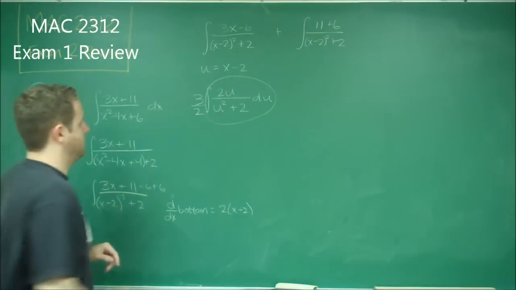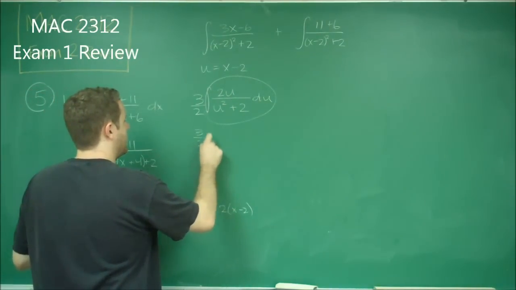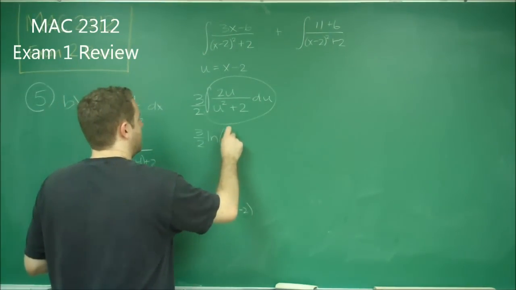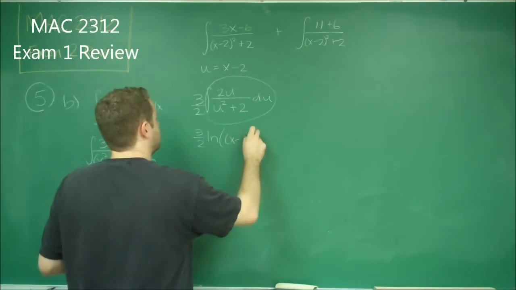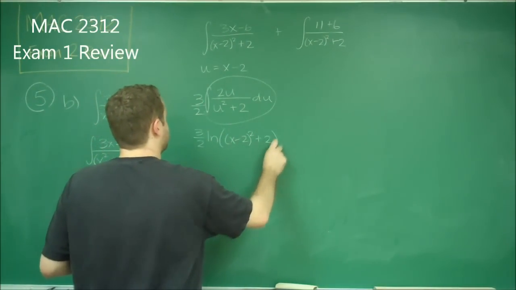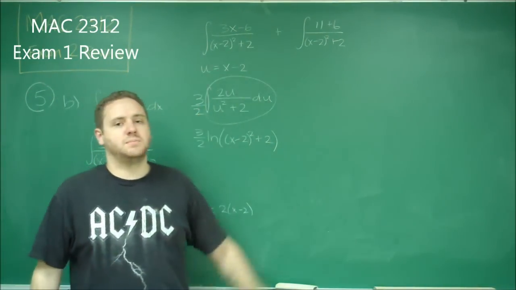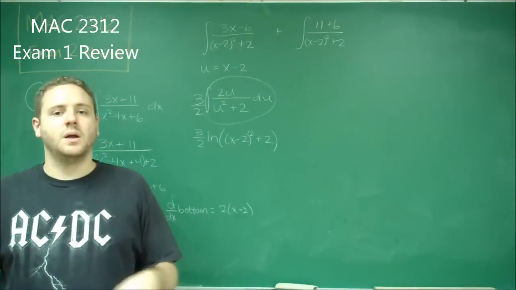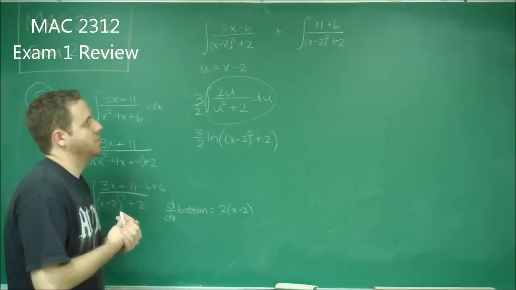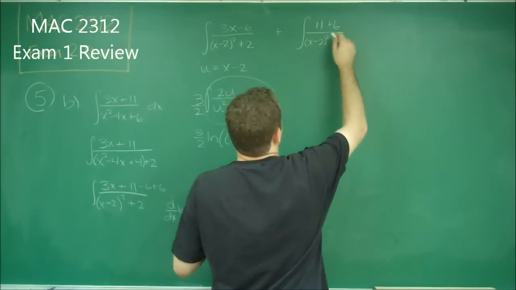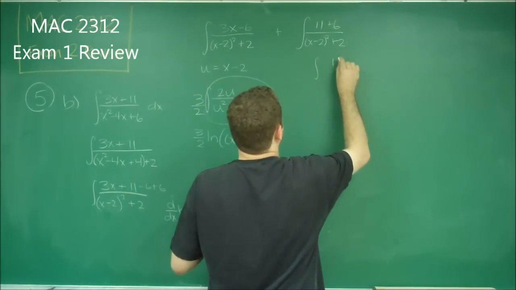We have 3 halves in front. And instead of u, we can put in what we had, x minus 2 squared plus 2. Okay, if you're confused about that one, I skipped a couple of steps of substitution here, but it's just a substitution problem from there. This one, on the other hand, we have, well, 11 plus 6 is 17, which I can put in front.